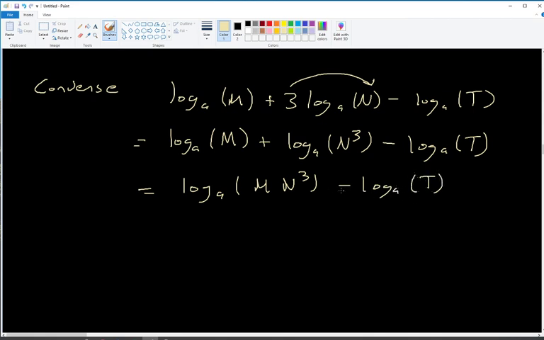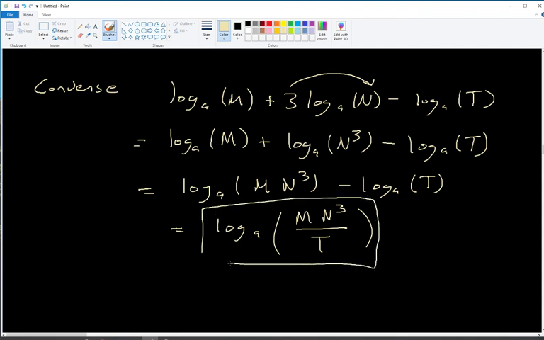And finally, the minus needs to go back as a division. So this is log base a of the top stuff, mn cubed, and the one with the minus becomes the denominator, all that over t. And this is condensed.